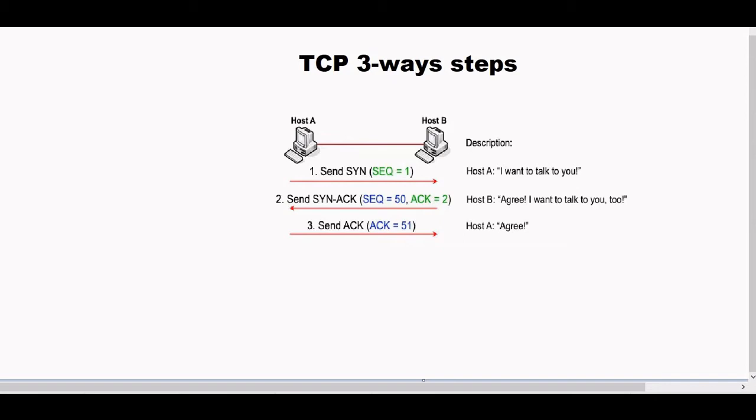ACK 1+1 shows the segment response received, and SYN 50 shows the sequence number starting with that segment. In the final step, the client confirms the response from the server with ACK 50+1, and both establish a stable connection. Then the actual data starts flowing between them.